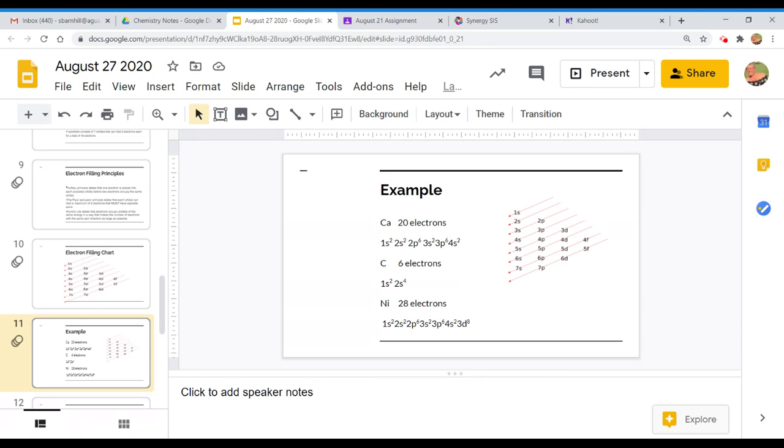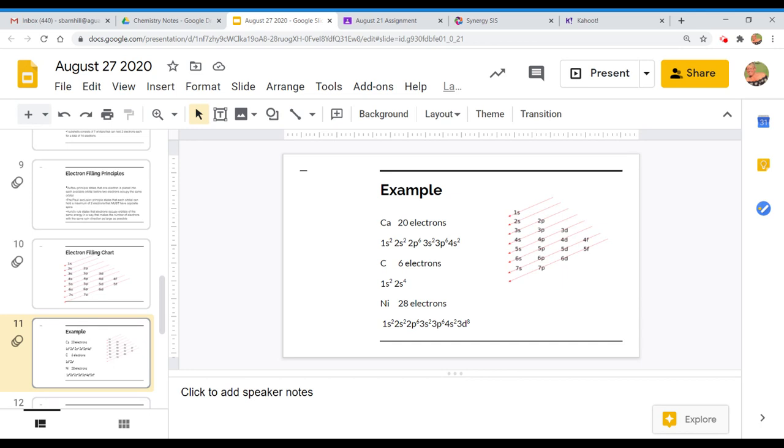All these little superscripts have to add up to 20. After 2s, I follow my arrow. I go to the next available orbital, and it's the 2p orbital. 2p. Any p set of orbitals can hold up to 6. So I'm going to put 2p and I'm going to put a little 6 here because I can put up to 6 electrons in a p orbital.